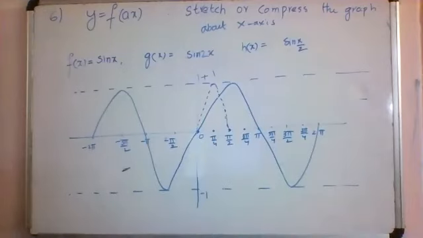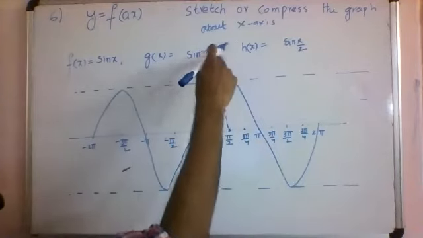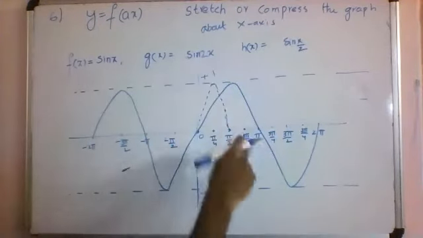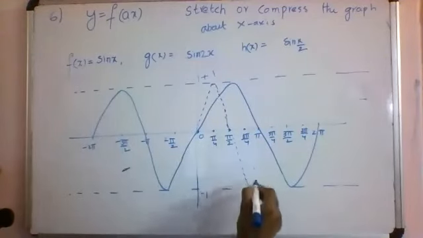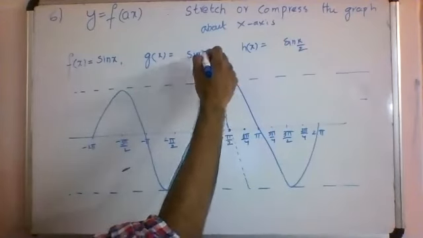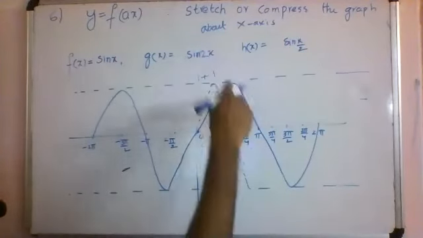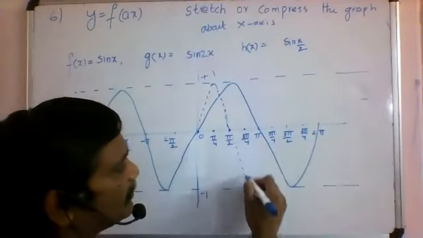Okay. Now at 3 pi by 4, if I put 3 pi by 4, we are getting sin 3 pi by 2. The 2s cancel, no? So it should reach -1 here. Sin of 3 pi by 2 is -1.